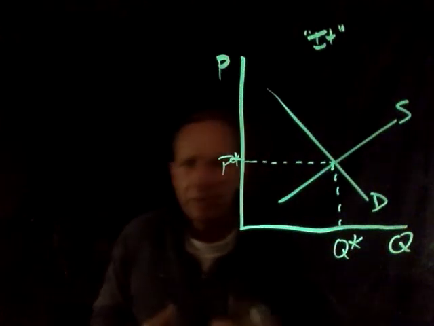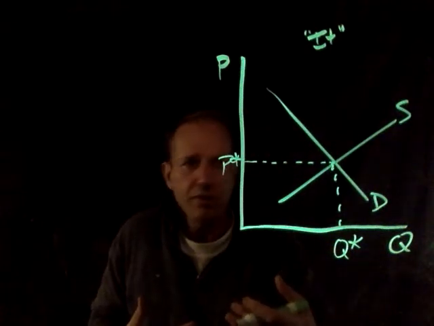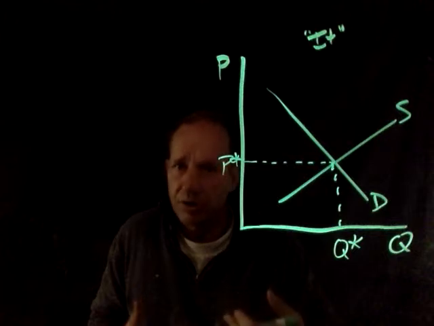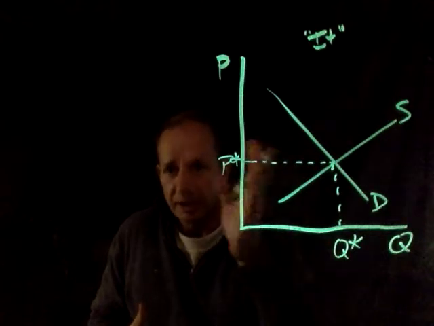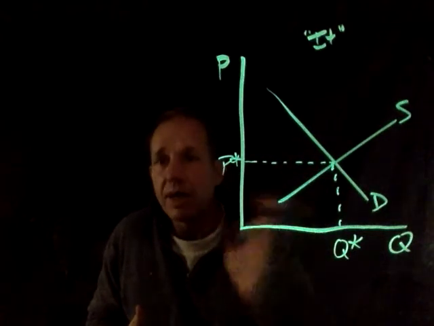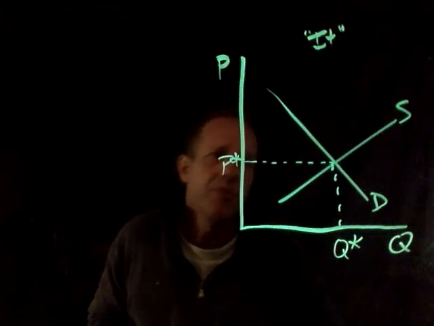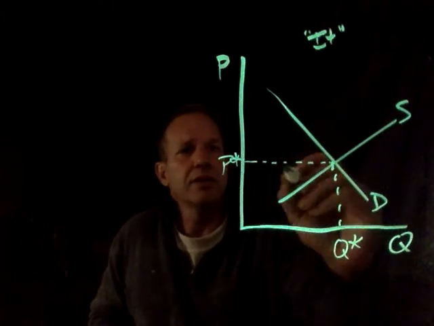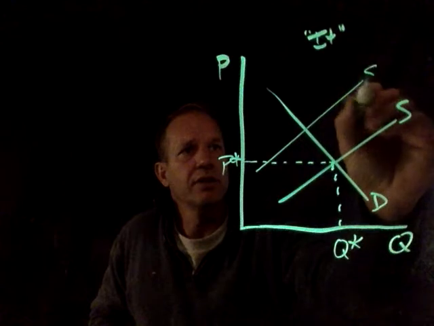But then, because there's an externality, what that means is that there's some social cost curve somewhere vertically above the supply curve, but behind it in terms of quantity back here, and it looks like this.